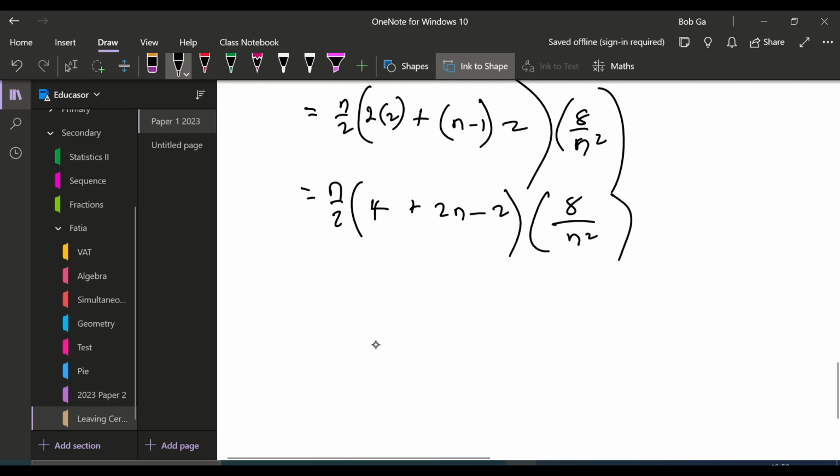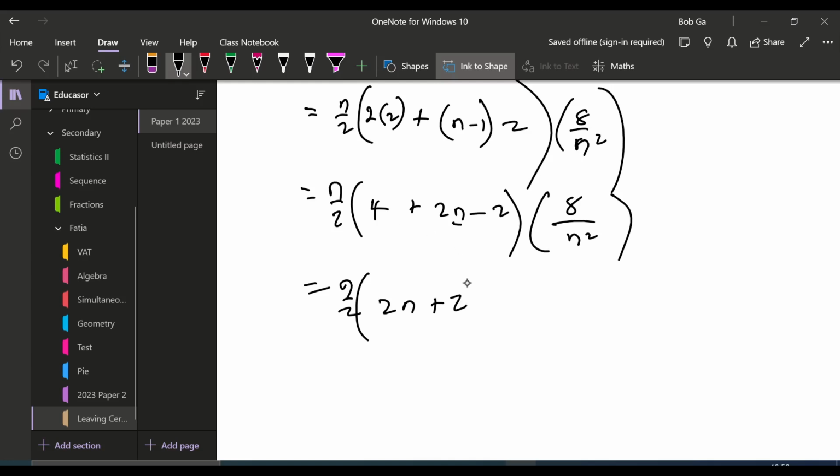And then here we go, keep going, make sure we don't lose our track. So this is going to give us the next level: n over 2 into, what we have here now is 2n plus 2, sorry, because 4 minus 2 is going to be 2, so we have 2n plus 2, right?